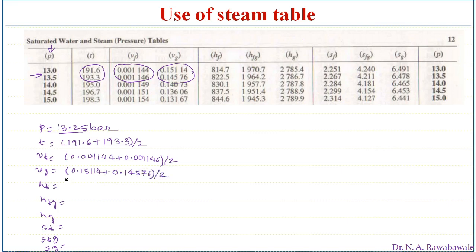This is the average of these two values. We will get the specific volume at 13.25 bar, because in this table we won't get 13.25 bar. Therefore we have to interpolate. We can call this an interpolation. Again, to find out values Hf, Hfg, we have to take the average of all these values, and then we get the intermediate value of properties at the given pressure.